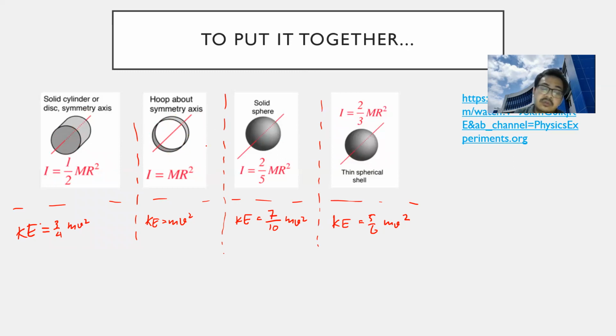So if we consider them as having the same mass and also the same rotational radius, and they move at the same translational velocity, these 4 different objects will possess different values of kinetic energy.